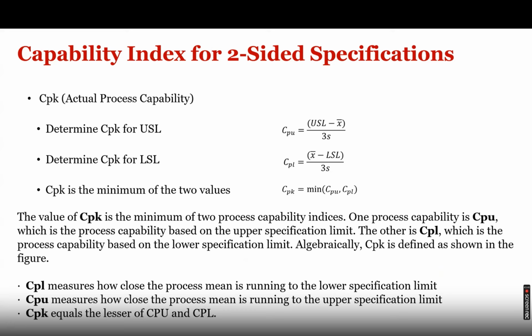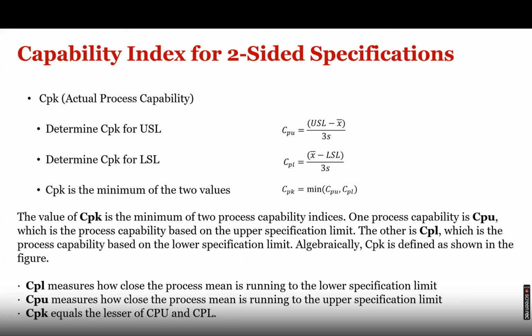For this, we first calculate CPU, that is process capability with respect to upper, and CPL, where we find the difference of the mean performance that we have now from the USL and the LSL. And because the mean is at the center, with USL and LSL on both sides, we divide it by 3 standard deviations in each case. And your CPK will be the lower of the two.